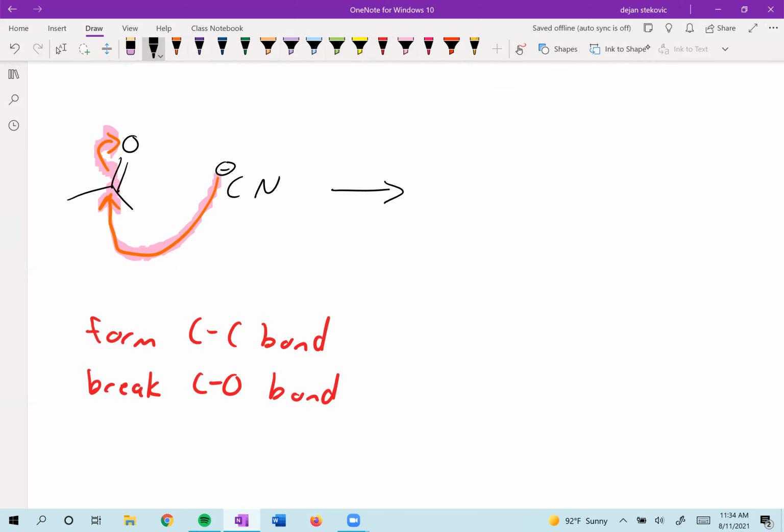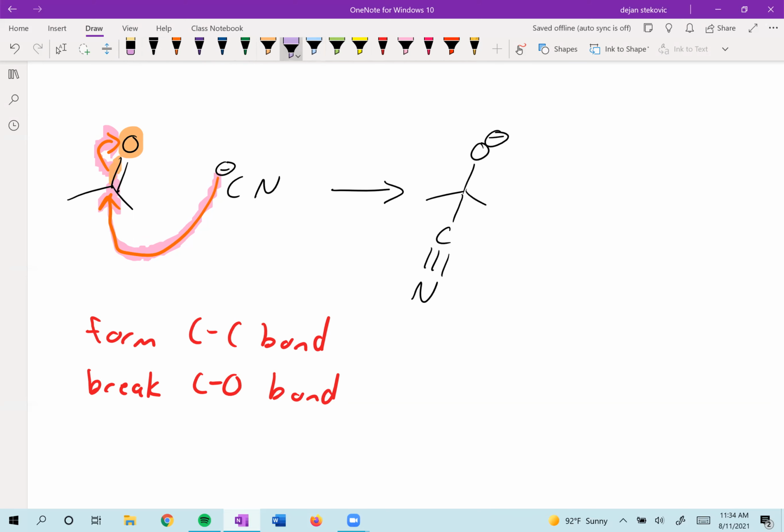So let's go ahead and think about our products here. We've broken this bond right here, so that bond is no longer shown. Both of the electrons have gone onto the oxygen, so the oxygen has gained electrons, and so now it has a negative charge. And then down here below, we formed this carbon-carbon bond.